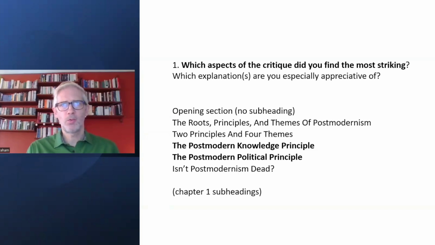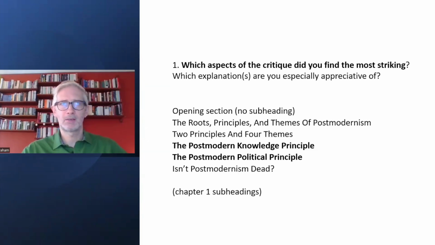In connection with the postmodern political principle, in chapter 1, we hear of how an undervaluation of liberalism seems baked into postmodernism, which raises questions about the need for postmodern politics.